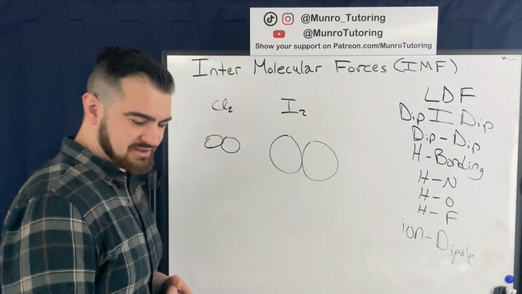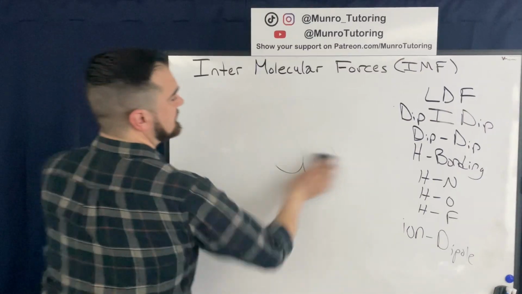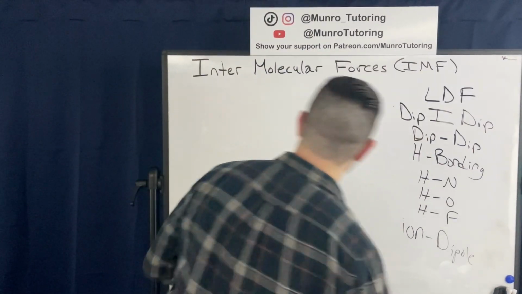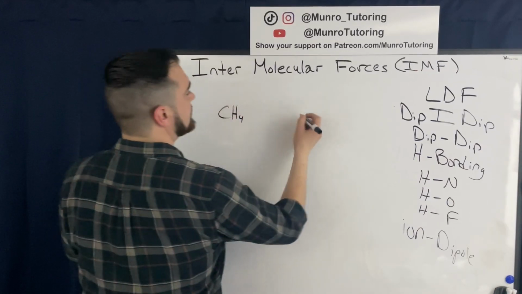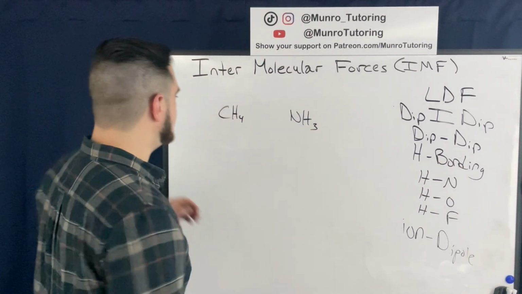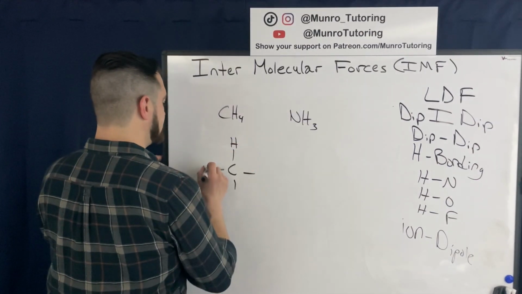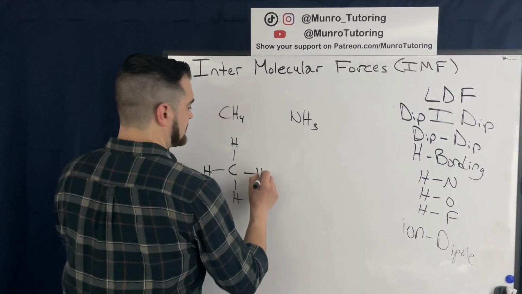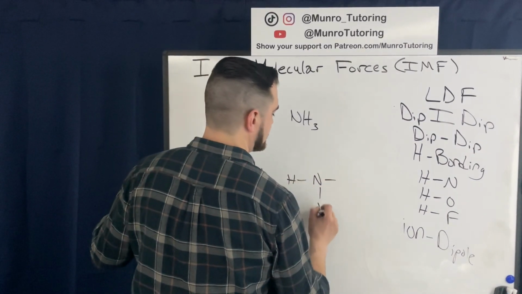And then the other example, I think I did methane and ammonia. Let's say we have CH4 and NH3. They're similar sizes, right? We have a carbon bonded to 4 hydrogens, and ammonia is like this.